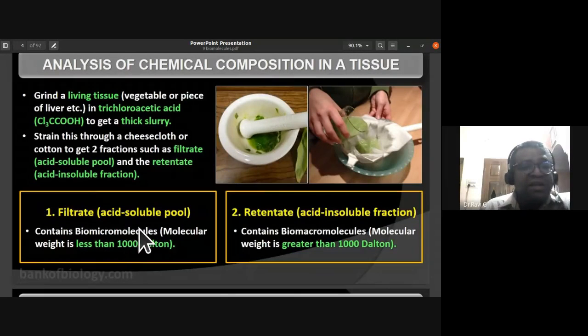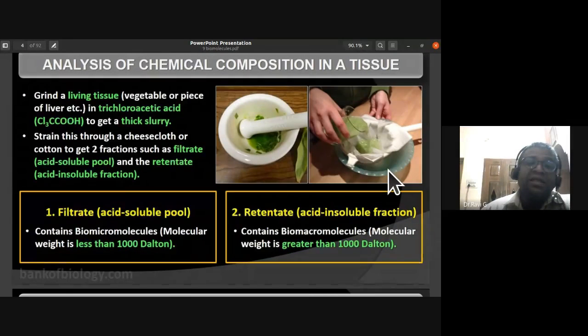Now the filtrate, which is the acid soluble pool, contains biomicromolecules. That is, the molecular weight of the substances is less than 1000 Daltons.